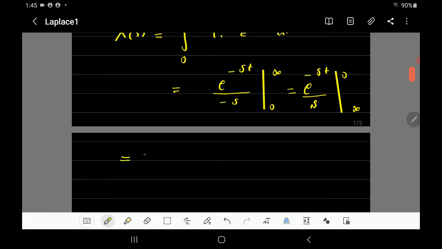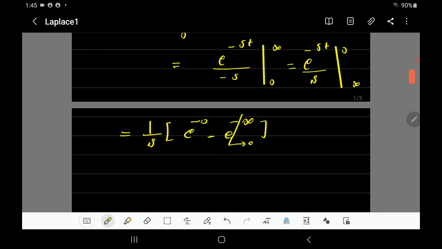So x of s will be equal to 1 over s, and then e to the power minus st, you put t equals 0 minus e to the power minus st, you put infinity. So this value is equal to 0 and this value is equal to 1. So the final result will be 1 over s. So Laplace transform of unit step is equal to 1 over s.